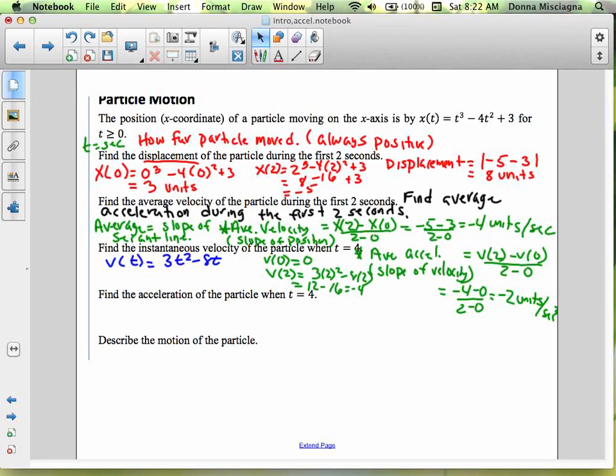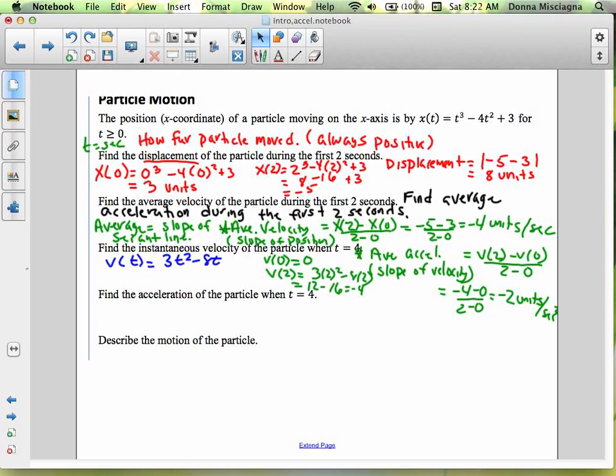All right, so average velocity is the slope of the position function. We find the average rate of change for position. For average acceleration, we find the average rate of change using velocity. If we wanted to find average jerk, then we would find the equation for acceleration, and we would find the average rate of change in the acceleration, and that would be jerk.